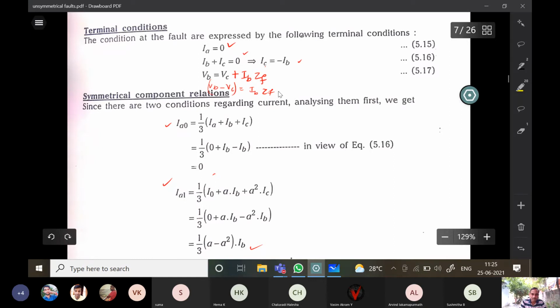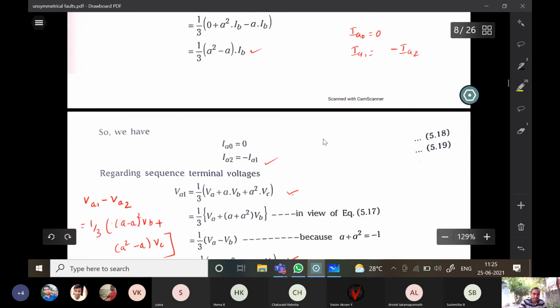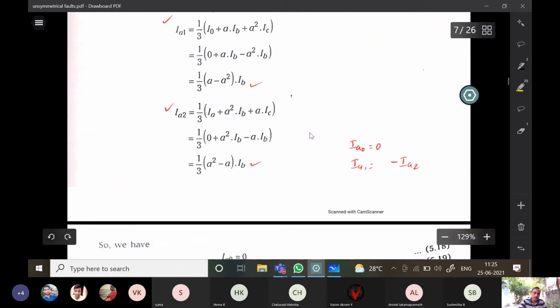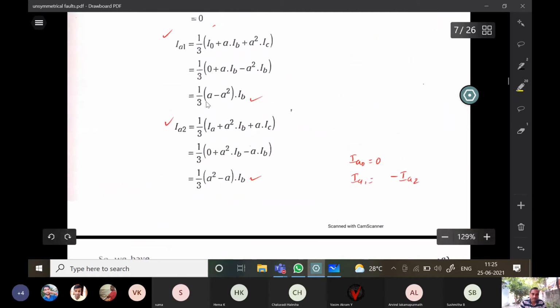So substitute VB minus VC is equal to IB into ZF here. Therefore, what is your IA1? 1 by 3 times of A minus A square into IB, that is your IA1.